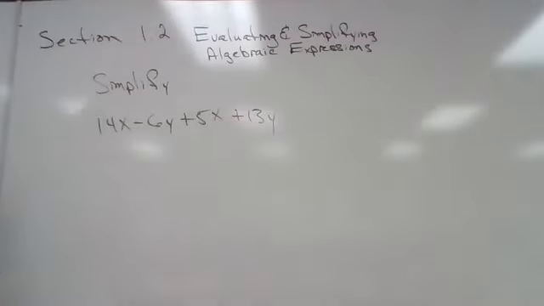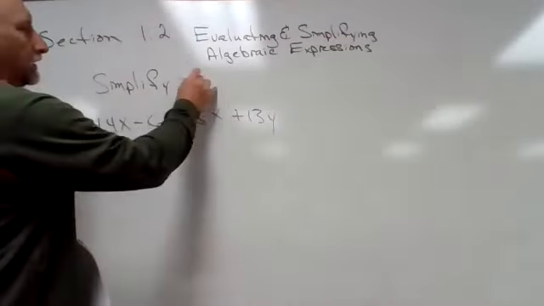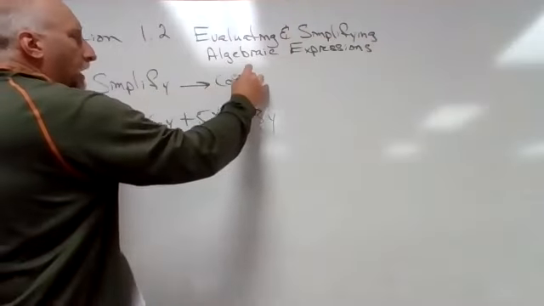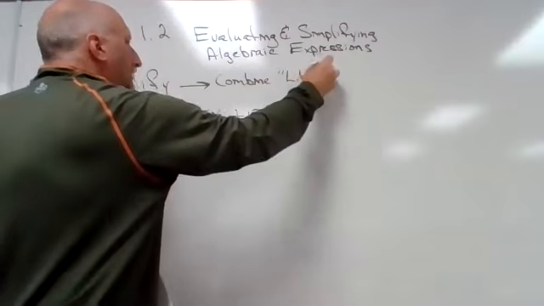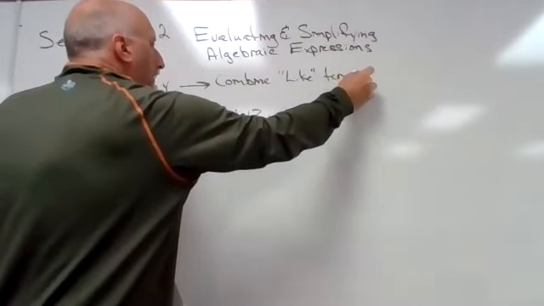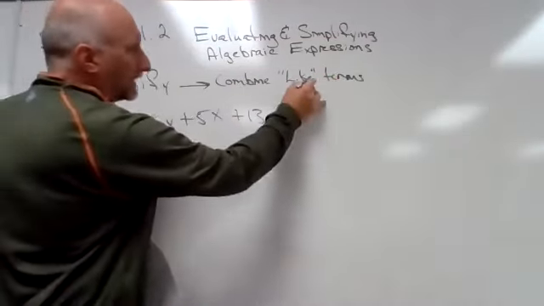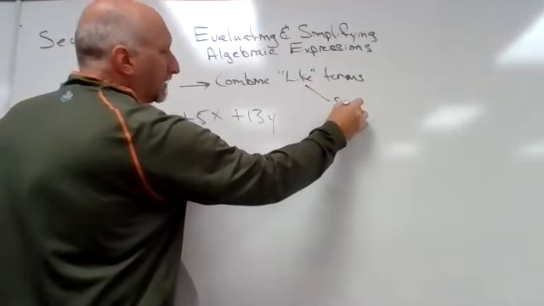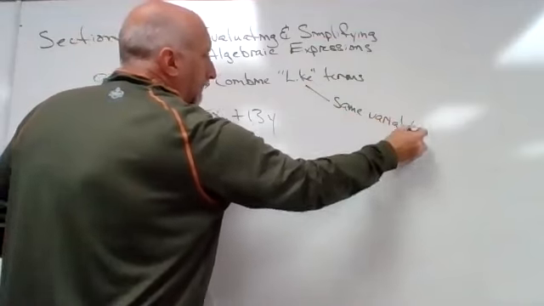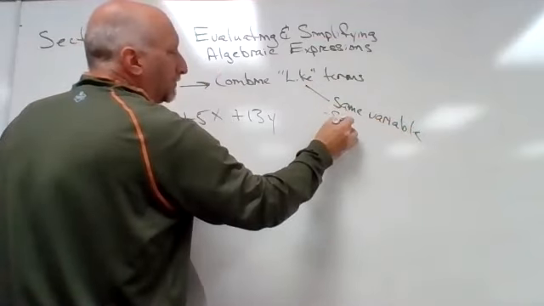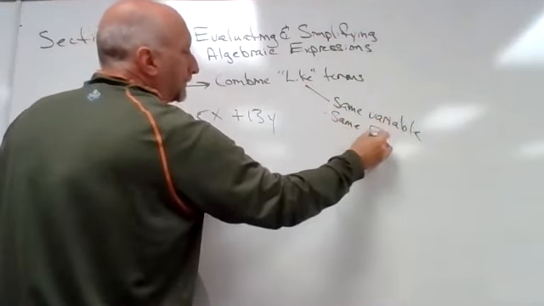When you simplify, what we're really trying to do is combine what we call like terms. Now, what the heck's a like term? Like term means you have the same variable raised to the same power or exponent.